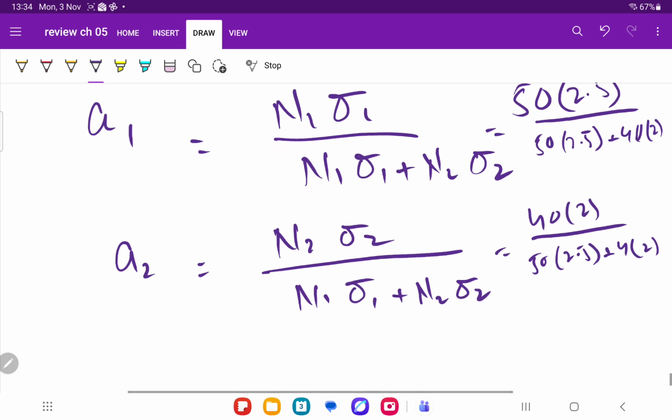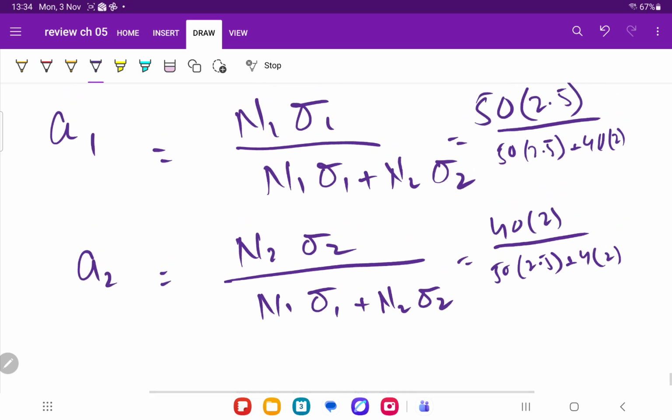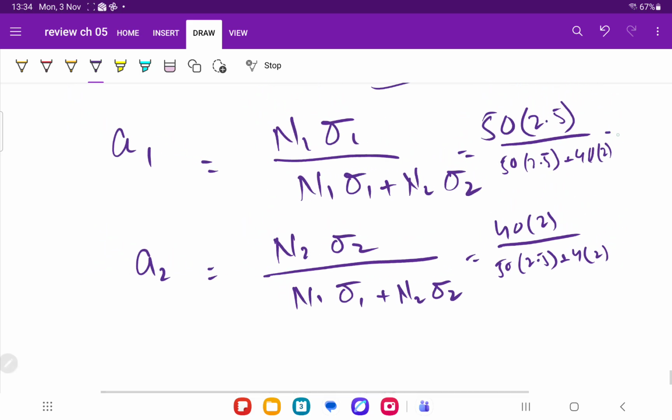What is the answer? 0.609, and 0.390. Okay, so A1 and A2 are calculated here.